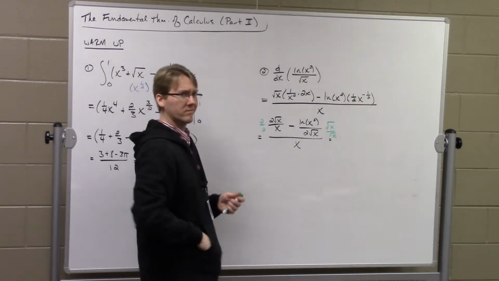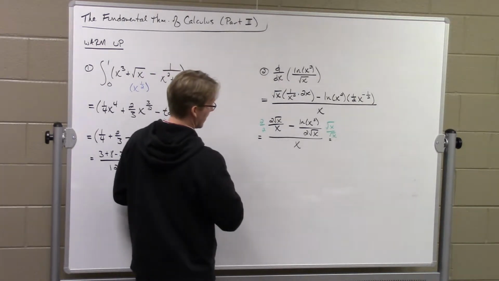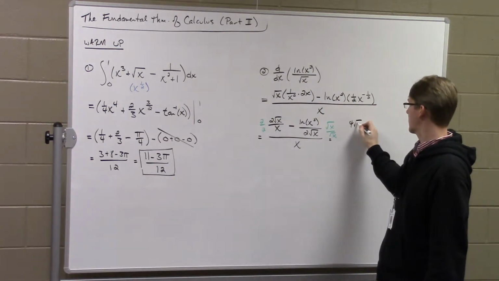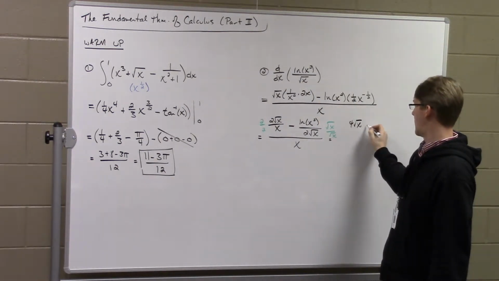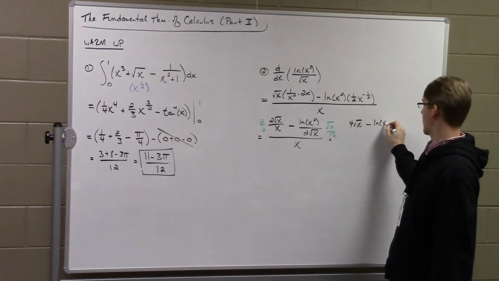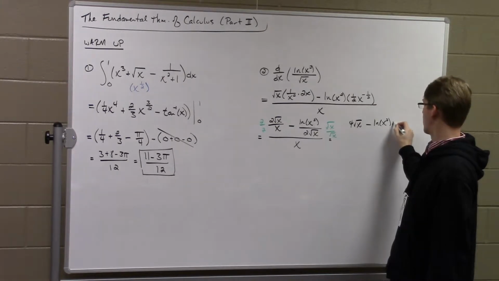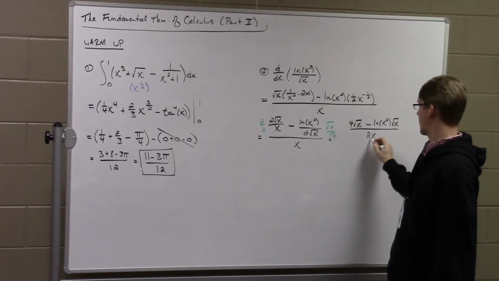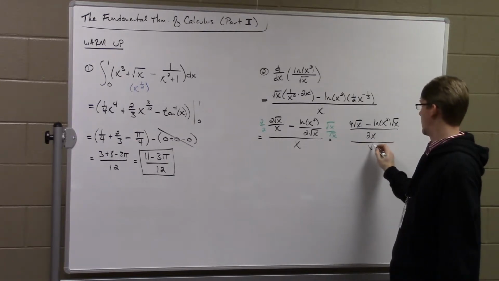Not the best, I guess. Good enough. So we're gonna have 4 root of x minus natural log of x squared times the root of x all over 2x, all over x.